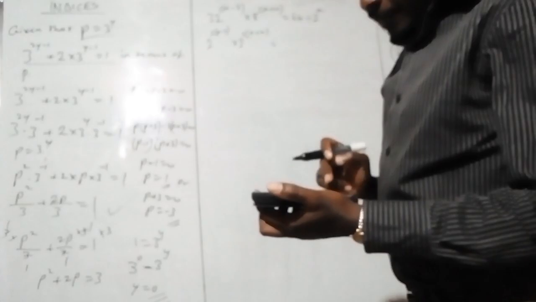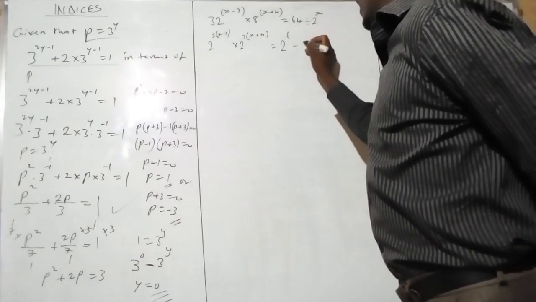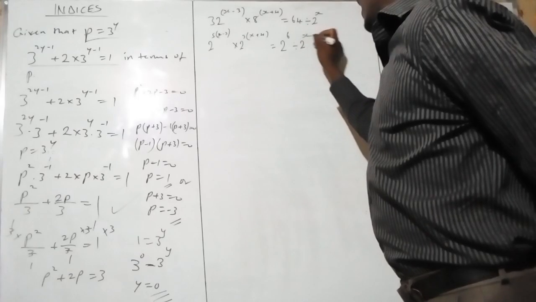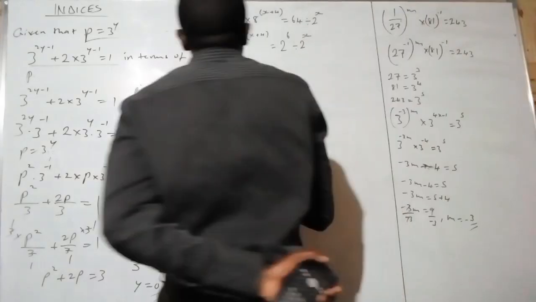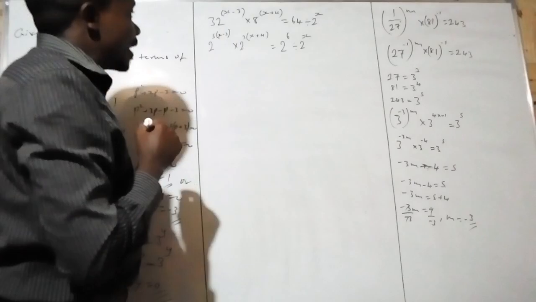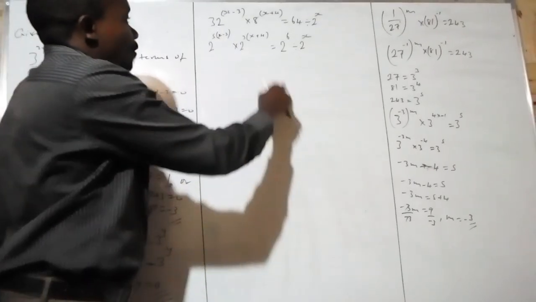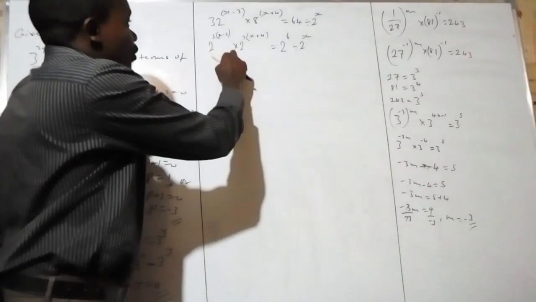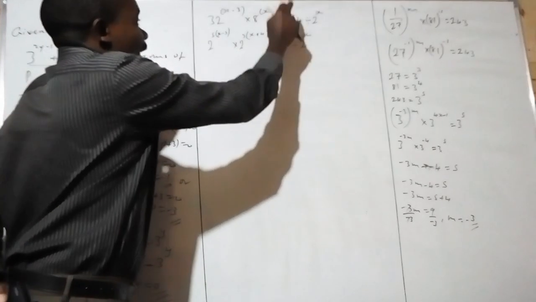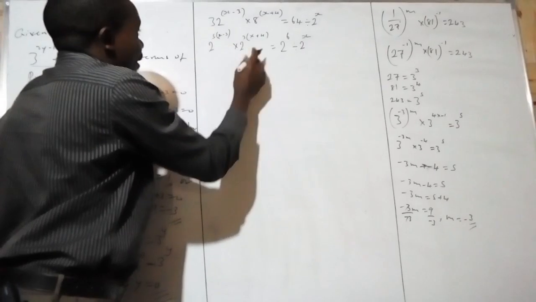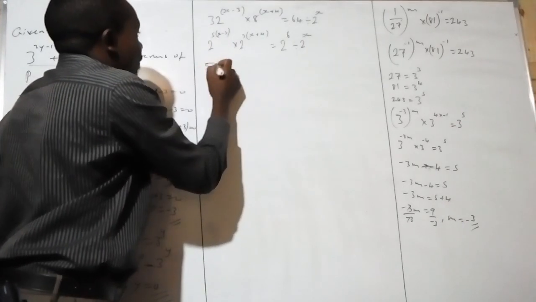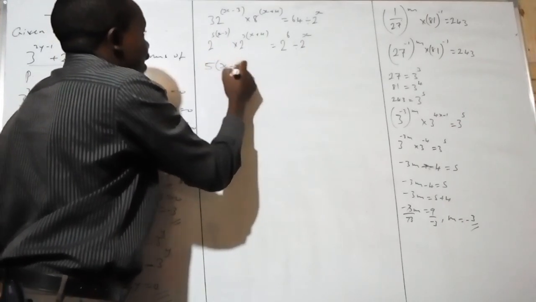Yes. 2 raised power 6 divided by 2 raised power x. Like that. And that being the case, according to the law of indices, bases are uniform. Where we have multiplication, we are going to add the powers. Division is subtract the powers. Drop the bases and come and say 5x minus 3. Then due to times plus, we start with the plus.